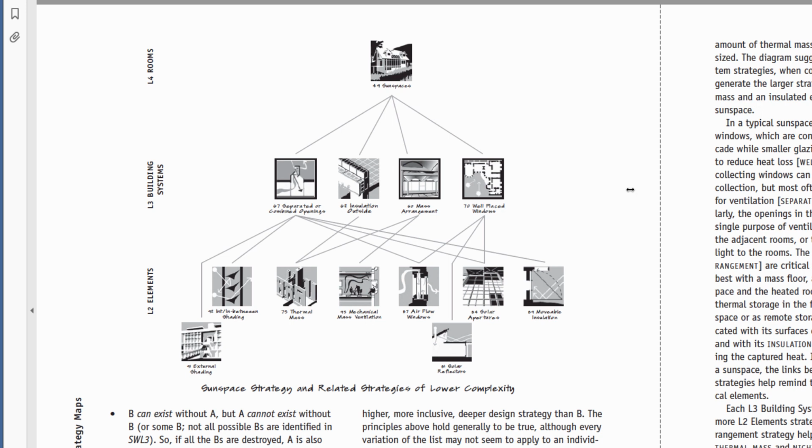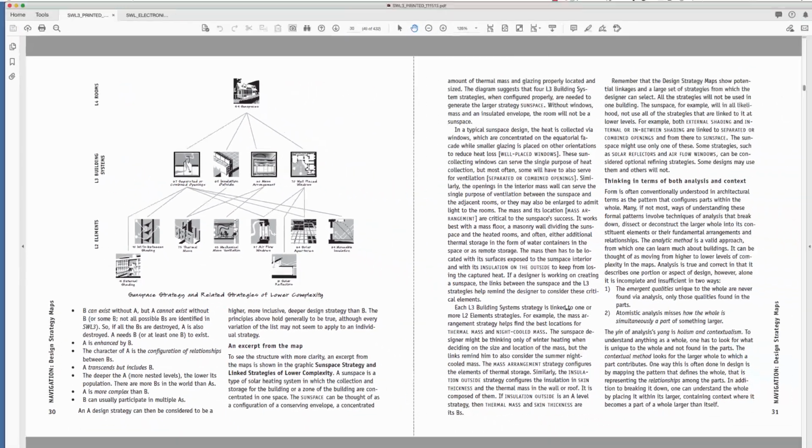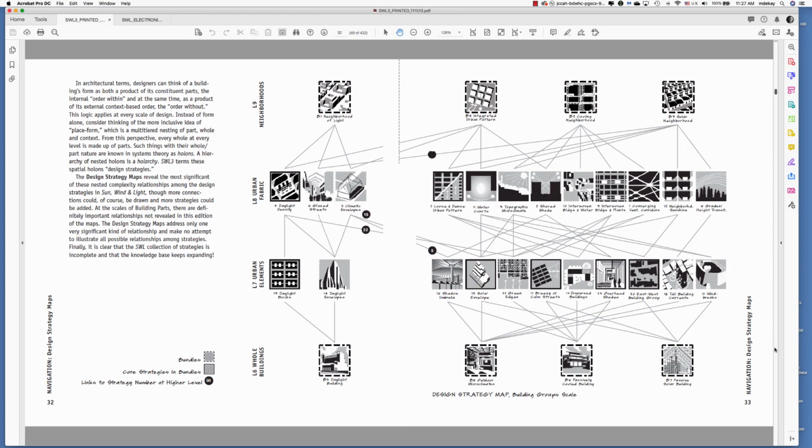So the lines represent relationships among the different strategies. A strategy at a lower level of complexity helps to build the pattern or strategy that you find at the next level up. And so it's a nice way of saying, if I'm using one strategy, what else might be related to that? What else might I want to include? And make sure I'm not leaving something out at a particular scale.